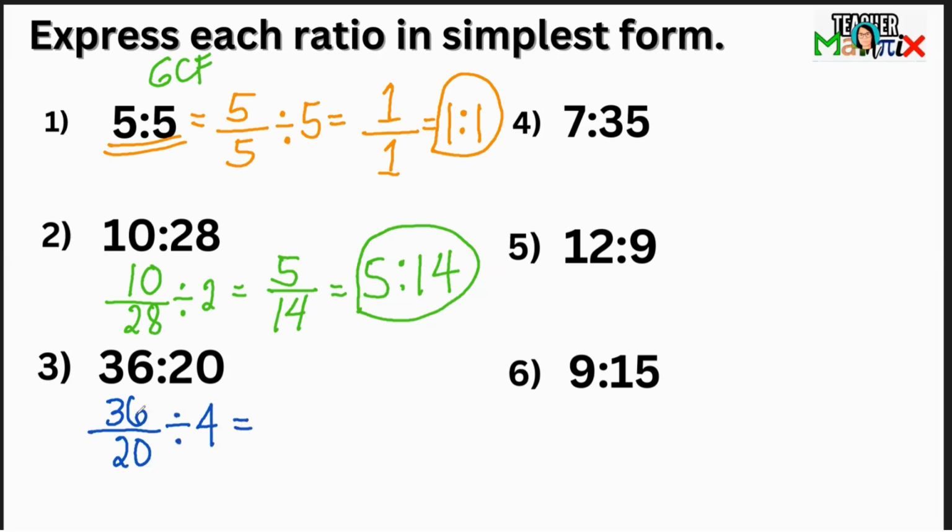Kasi 36 divided by 4 is 9. Then 20 divided by 4 is 5. So, the final answer is 9:5.